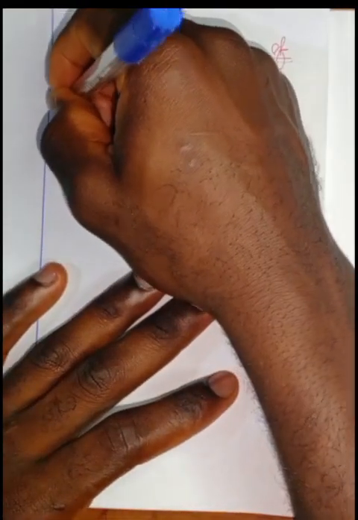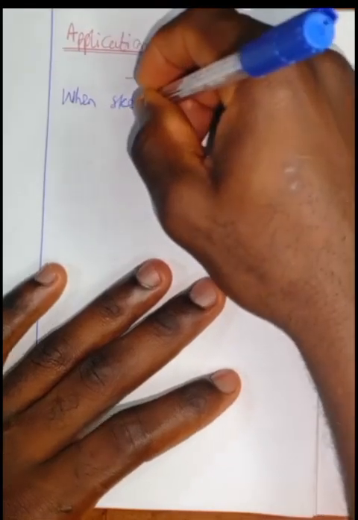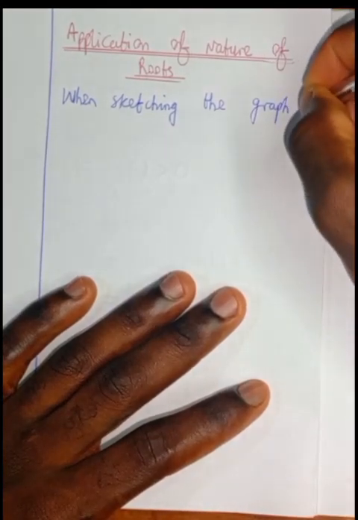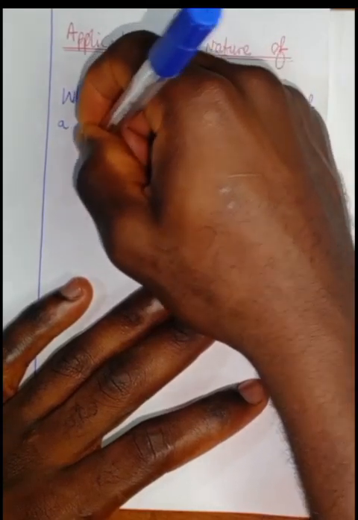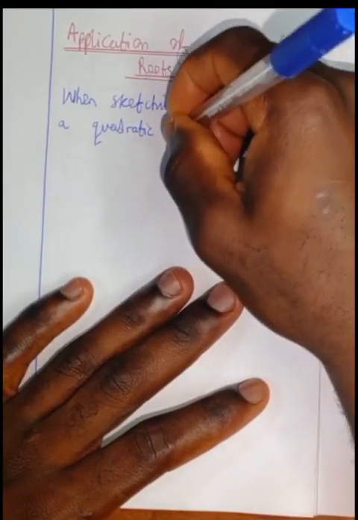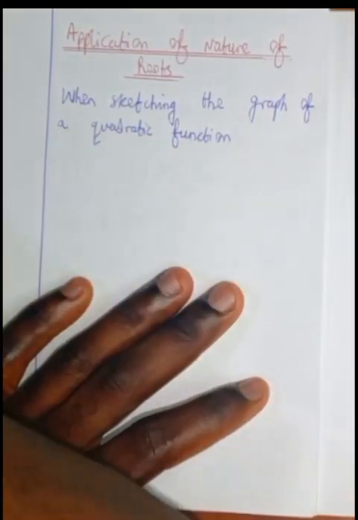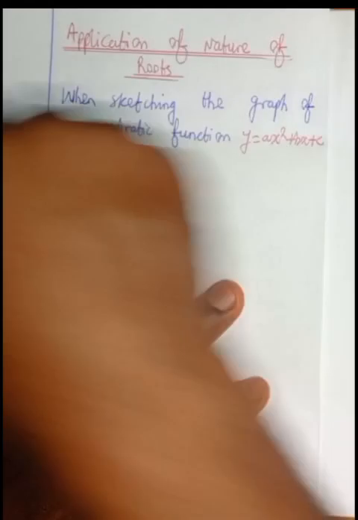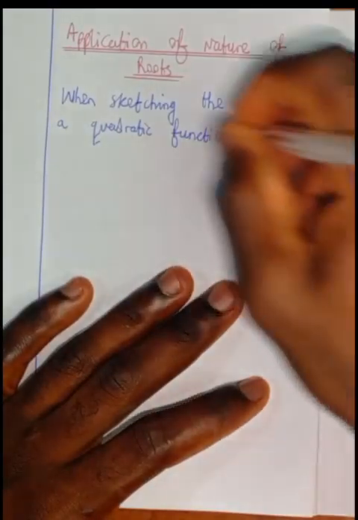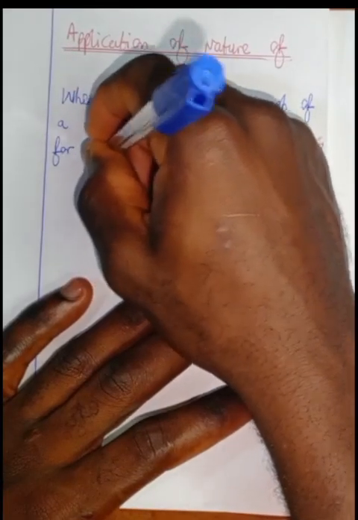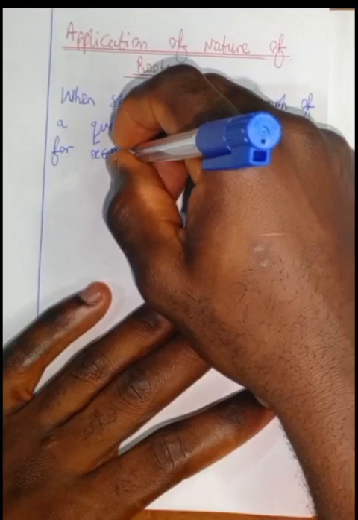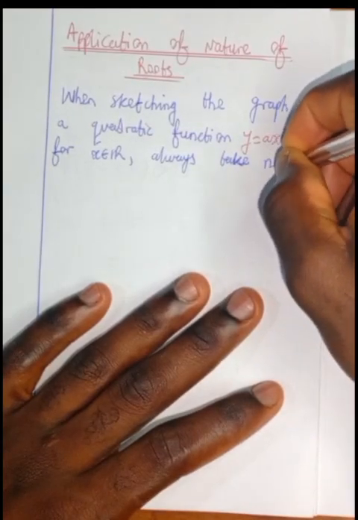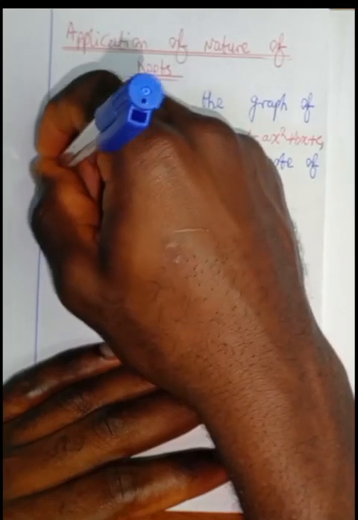Let's take this down. When sketching the graph of a quadratic function, y equal to ax squared plus bx plus c, for x belonging to the set of real numbers, always take note of the sign.